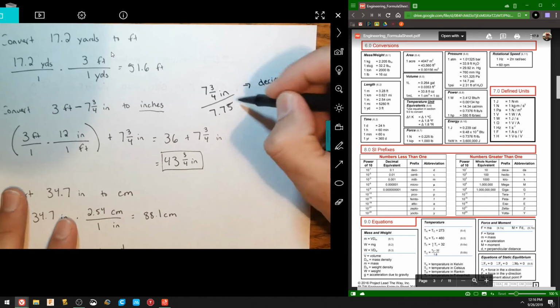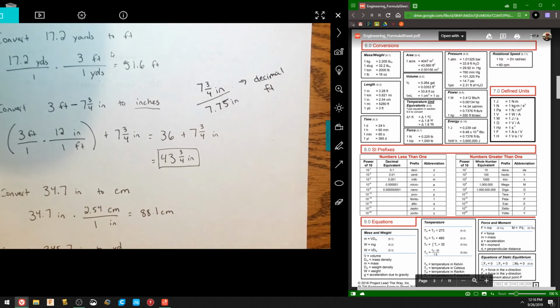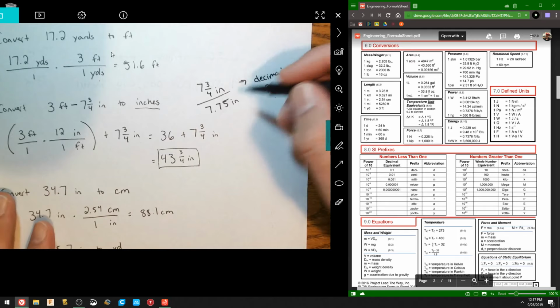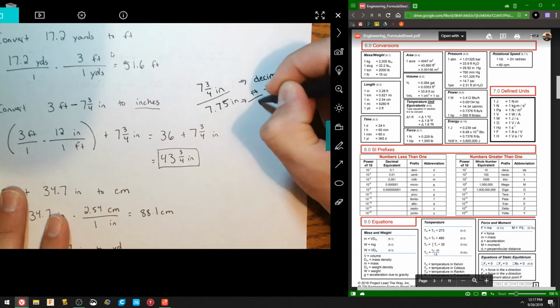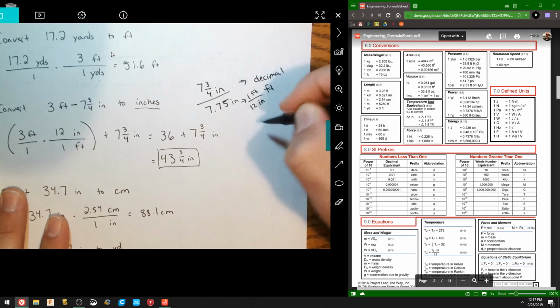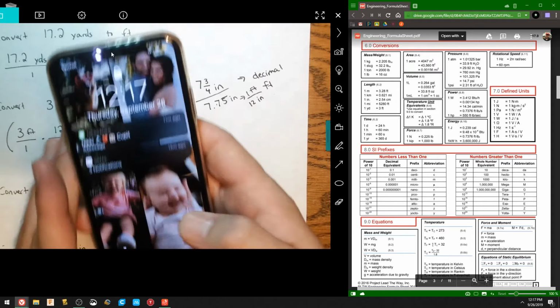Now this is still in inches though. 7.75 inches. They want it in feet. So all you have to do is what? Divide by 12, because there's 12 inches in 1 foot. So in this case, it is basically from here to feet over inches. There are 12 inches in 1 foot. That divided by 12 will give you your decimal feet. Okay? I don't even know what it is, so we'll see.